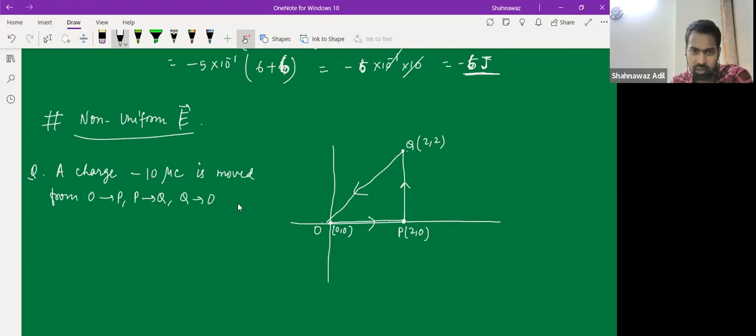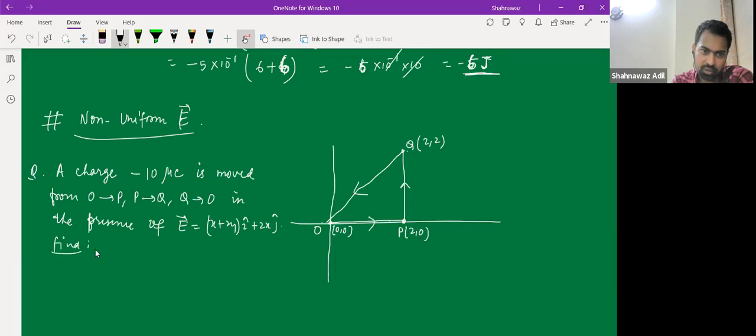Back to O in the presence of electric field, which is x plus 2y i hat plus 2x j hat. Okay, and then we have to find work done in each path. Each path meaning from O to P, P to Q, and Q to O. And secondly, we have to find the total work done.